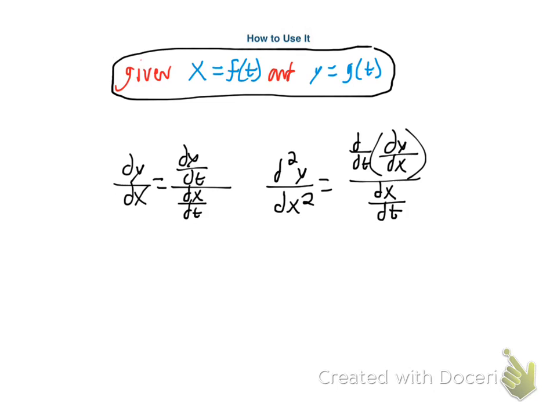If you think about it, if you have a dy dt over dx dt, you could write this as a product, right? You could write this as dy dt times the reciprocal, so it would be dt dx, and then get dy dx.